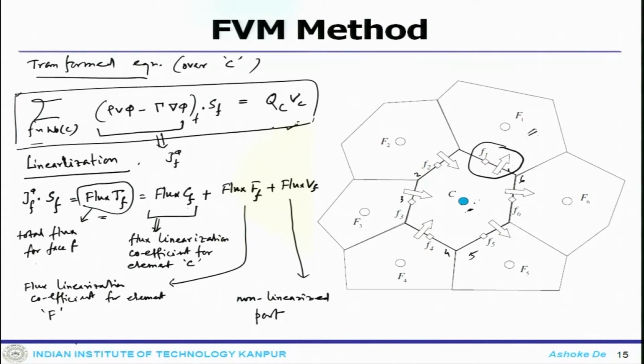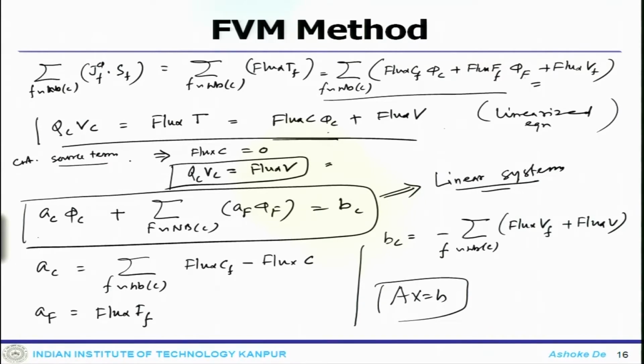So the integral equation will look like that, and once you compute all the fluxes and put them together, you get back this system. Now, here you get a linear system like this.